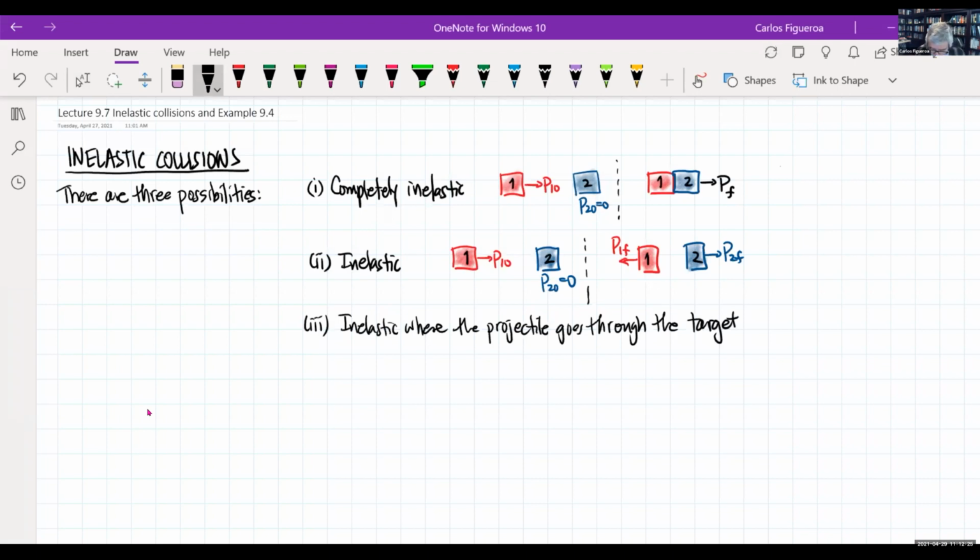So in this case, what am I actually seeing here? Well, you can imagine I have my block, but this time instead of a block, I'm going to say that I have a little bullet-like thing. Okay, so I have a bullet, and this guy is object number 1. So that means it has what? It has momentum coming in. And it's going to hit a block.